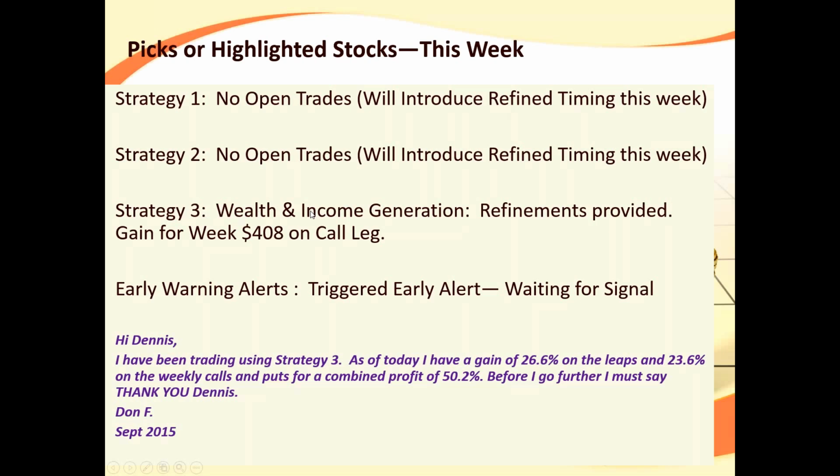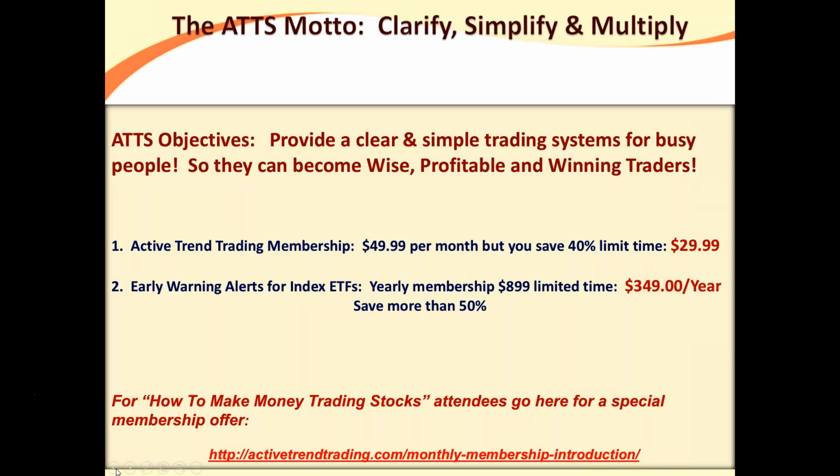Strategy number 3, wealth and income: we gained $408 worth of profit, so we took that off the table, and we have a new call leg in effect. And for the early warning alerts, we have a trigger, but we're waiting for the entry. I want to thank Don for dropping a note on how he's doing with strategy number 3, and I'm very pleased with that.